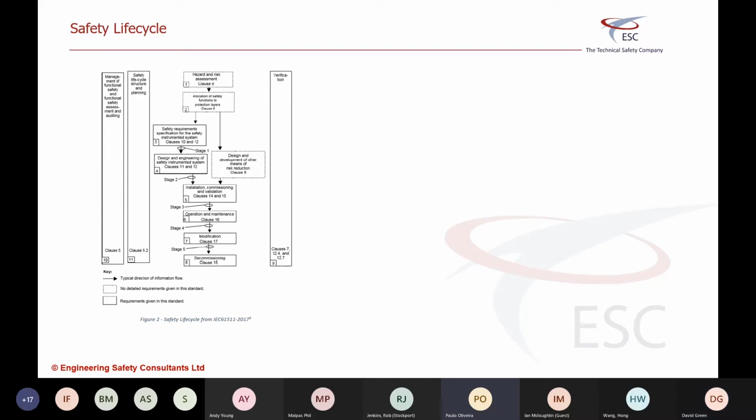Some of them are continuously performed, like the management aspects, which include competence, which include your strategy from start to finish, how you do your audits to confirm you're complying with the requirements of that management structure, and your functional safety assessments to confirm that you're maintaining alignment with the standard.